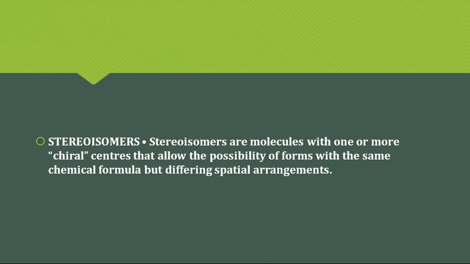Now, a carbon attached to different groups like A, B, C, D. The carbon should be attached to four different atoms or groups of atoms. Then you can tell it is chiral. When it is attached to the same atoms, like methane, where carbon is attached to four hydrogens, all hydrogens are the same, so there is no chirality.